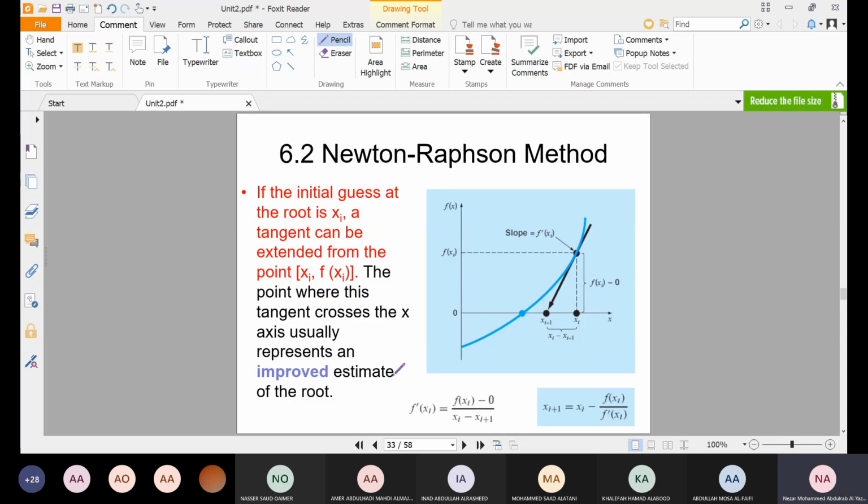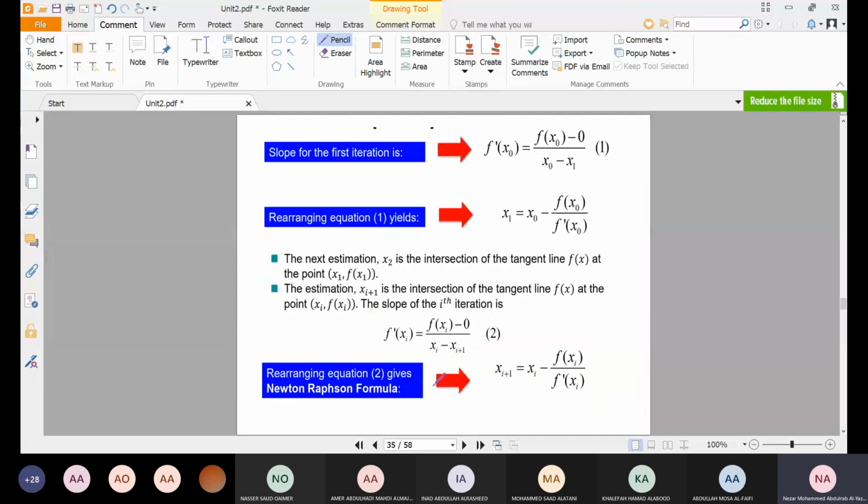So this is the formula of Newton, or we can get it from the slope. If we have the slope here, for example at xi, this is the function at xi plus 1, and we know this is equal to 0.